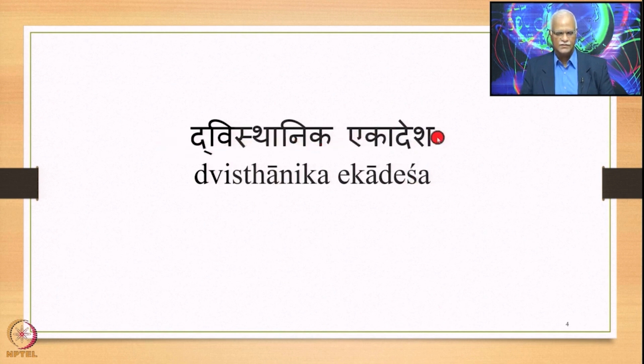Dvisthanika ekadesha is what we are studying right now, where we have two substituents and one substitute. The first classification that we have already studied is ekasthanika ekadesha, where we have one substituent and one substitute, eka sthani and eka adesha.